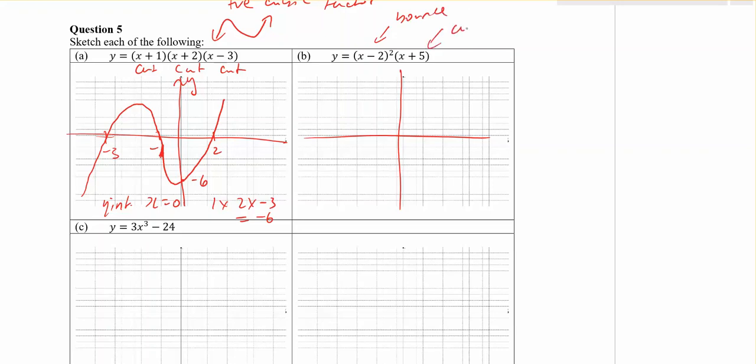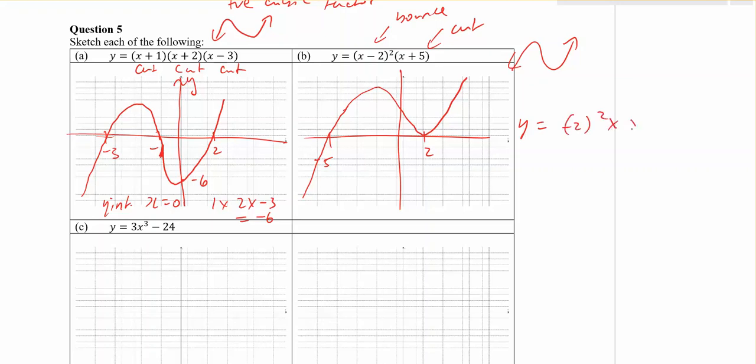It's a mountain valley shape again, so it's going to cut at -5 and then bounce at 2. And we need to find the y-intercept, so x equals 0. So y equals (-2) squared times 5, which equals 4 times 5, which equals 20.